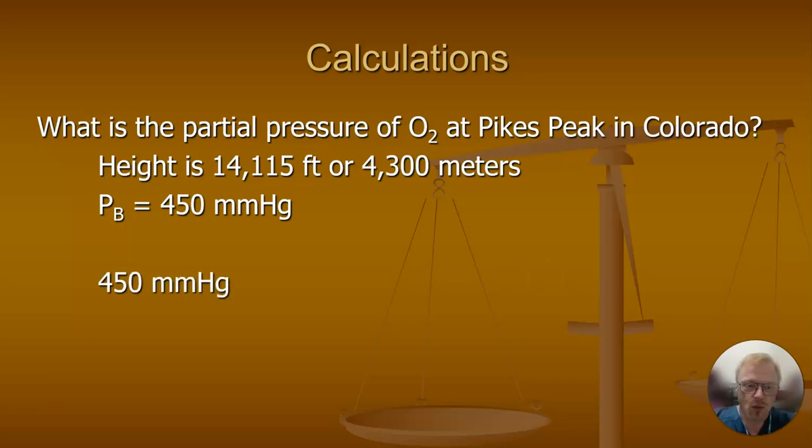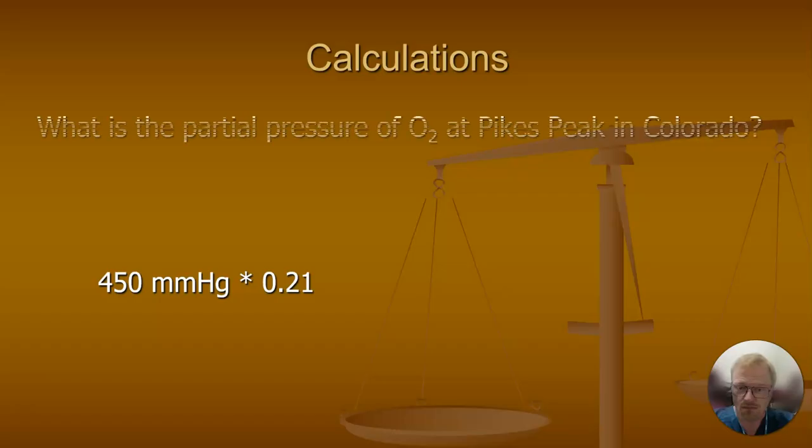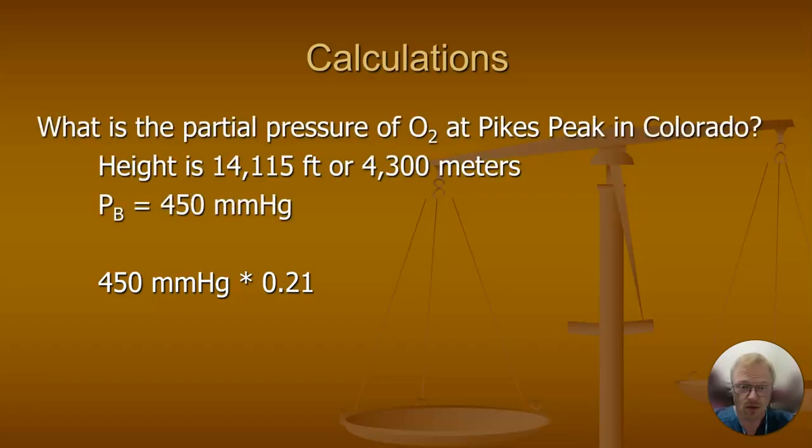Well, we take the barometric pressure that we know, 450 millimeters of mercury, and we multiply it by the gas that we're looking for. In this case, we want to know the partial pressure of oxygen. Well, we know that it's 0.21. Okay? And that comes out to 94.5 millimeters of mercury.